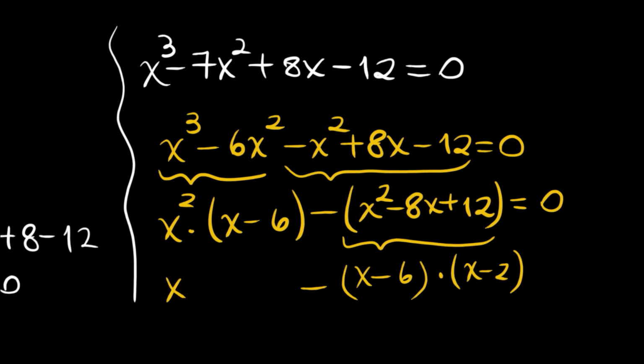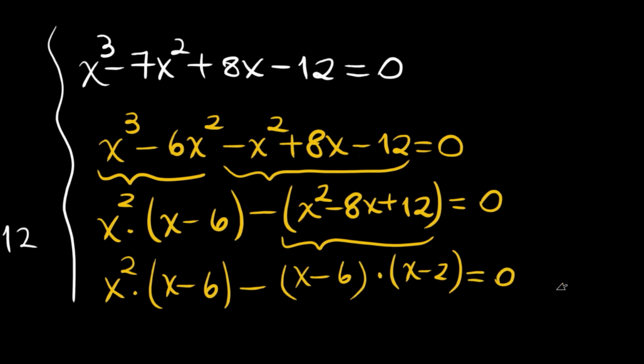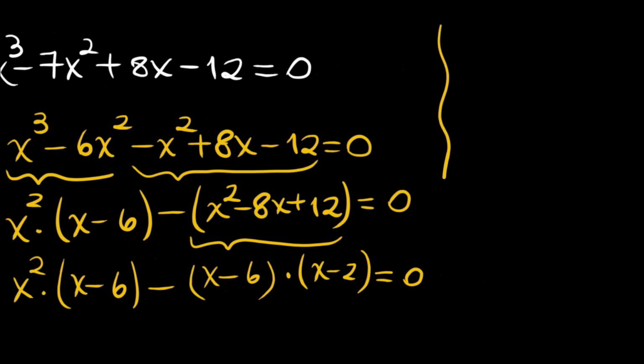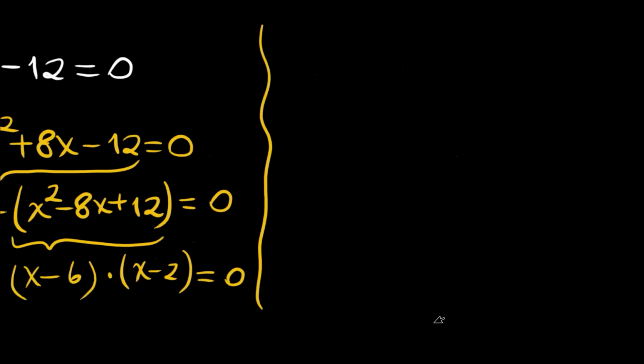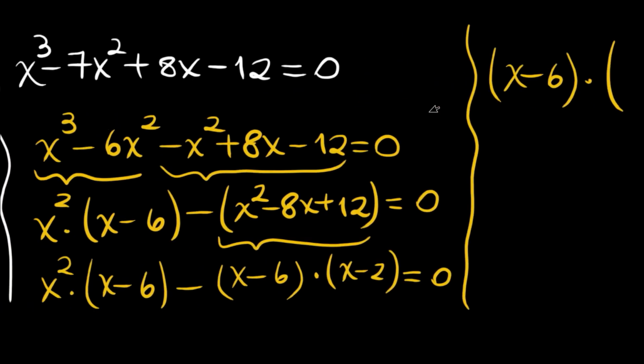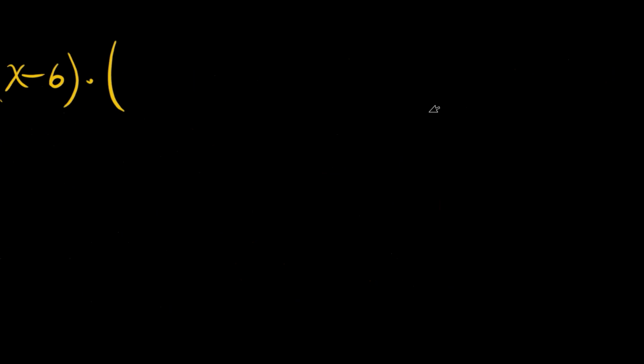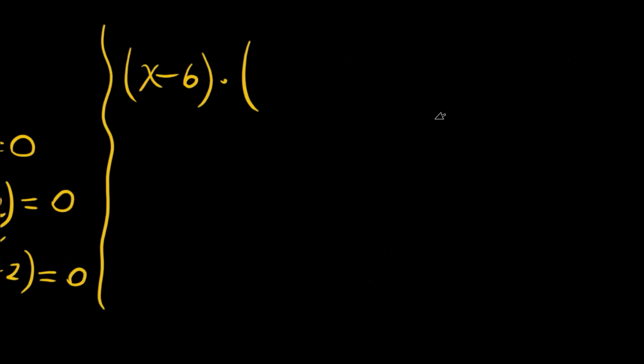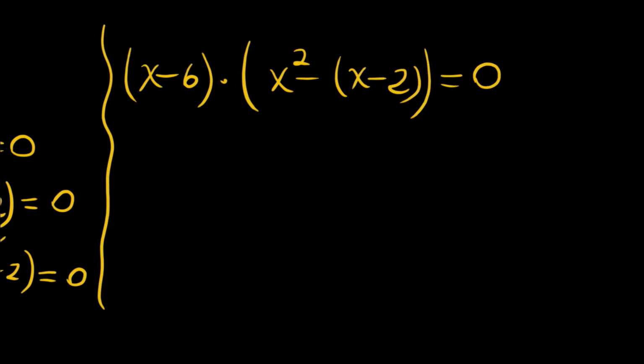So we now have a common factor. This is x minus 6. Let's just factor out this x minus 6 and write this x squared we have minus x minus 2. x squared minus this x minus 2, this is equal to 0.